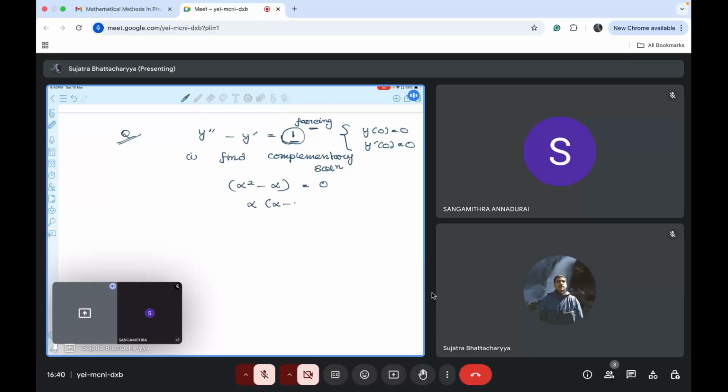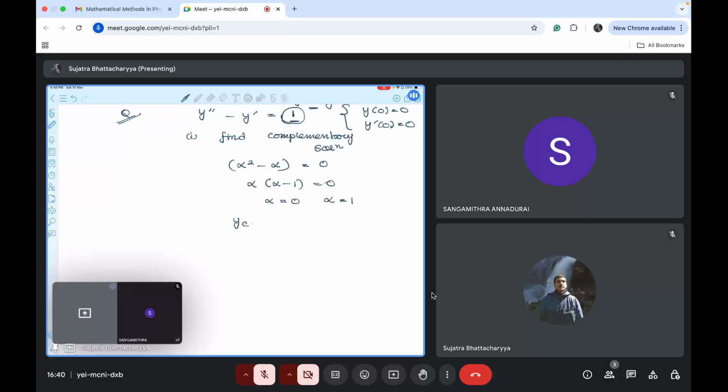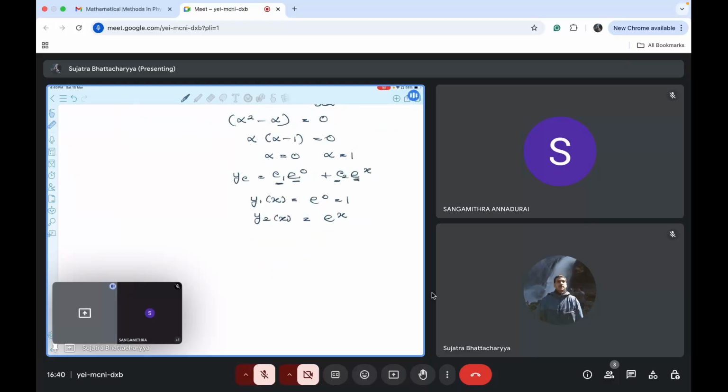So alpha into alpha minus 1 is equal to 0, so either alpha is 0 or alpha is equal to 1. So the complementary function will be C1 e to the power 0 plus C2 e to the power x. Now, we will not write this as constants; we define y1 as e to the power 0, which is equal to 1, and y2 as e to the power x. Fine, this is now defined.